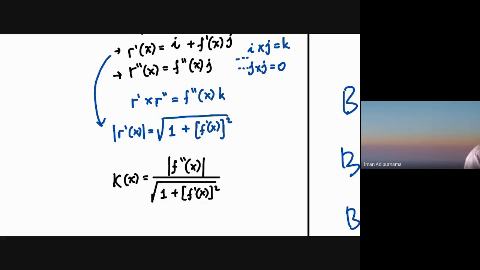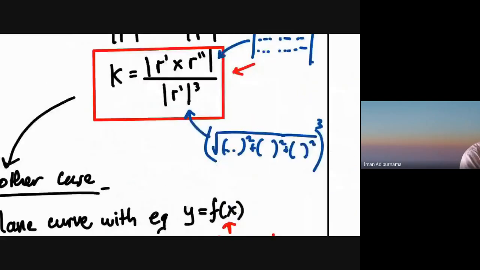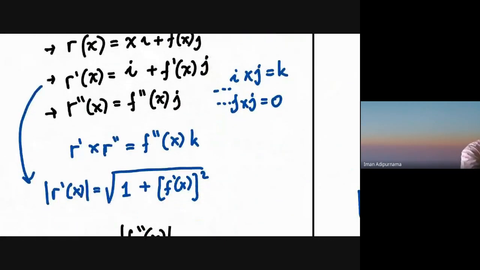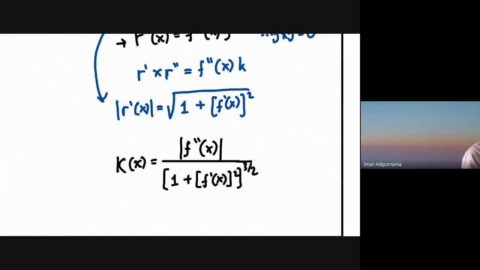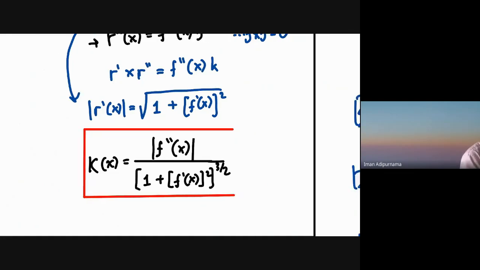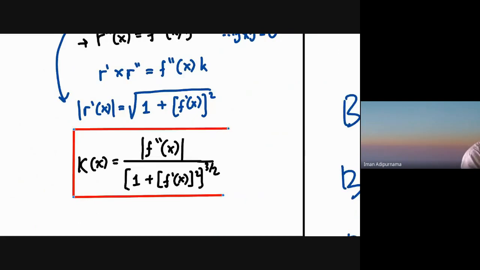It should be cubed, but let me change this into 3/2. The 3/2 is from this cube here: this squared and then cubed, so it becomes 3/2. So this is the case if the plane curve is a function of x, or any function with a Cartesian relation.